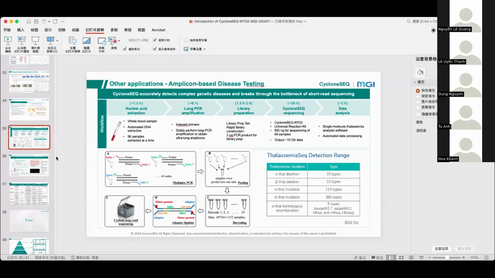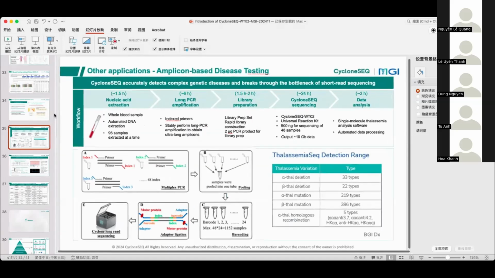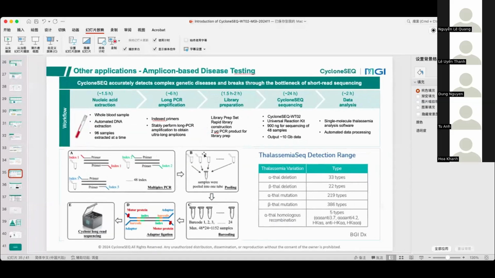Oh, you mean this one? Yes, exactly. You can see the ultra-long PCR amplification. I want to know how long we can do.